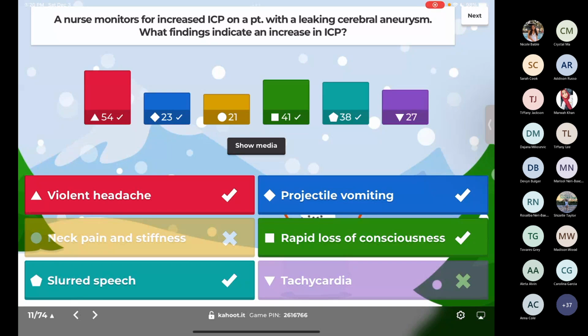I do want to answer a few questions that are in the chat. Is phagocytosis part of our second line of defense? So, with our first and second line of defense, these are our non-specific responses.